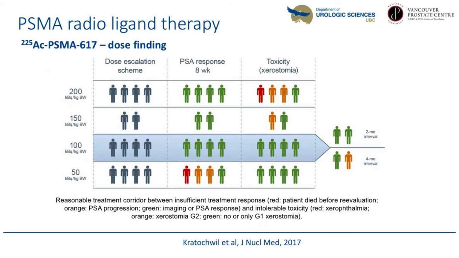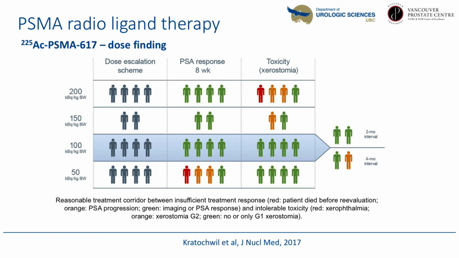To summarize that, I already said PSA response above 100 kilobecquerel per kilogram body weight, but with 150 and 200 the side effects, mostly xerostomia, were too high. One patient had a severe xerophthalmia as well, so the dosage they want to move on with is the 100 kilobecquerel. And yeah, I guess it's exciting to see what comes out of that.